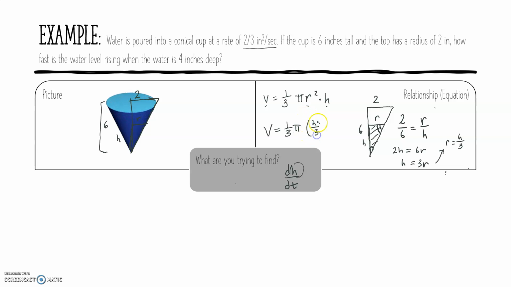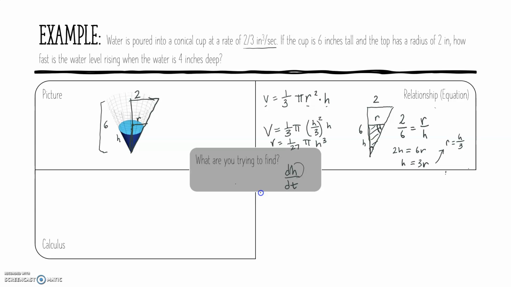So if I see my radius is not r, but it's h over 3 squared, then I have 3 times 9 would be 27th pi, and then h squared times h would be h cubed. So now my volume equation only has two variables. It has the volume variable and the height variable.